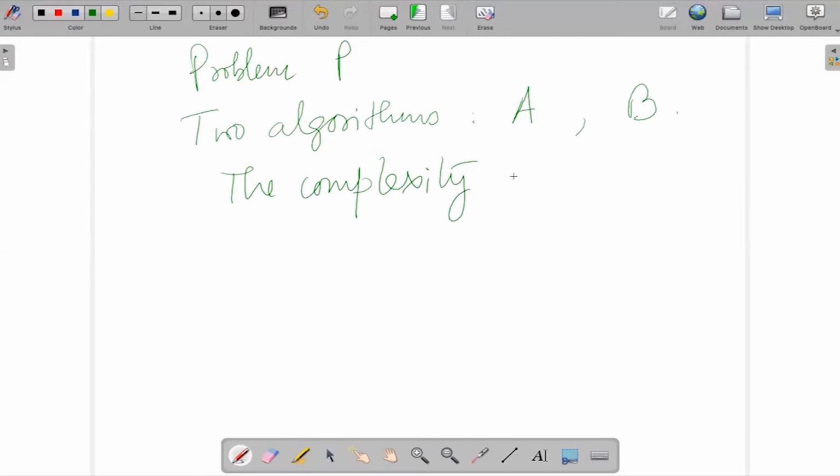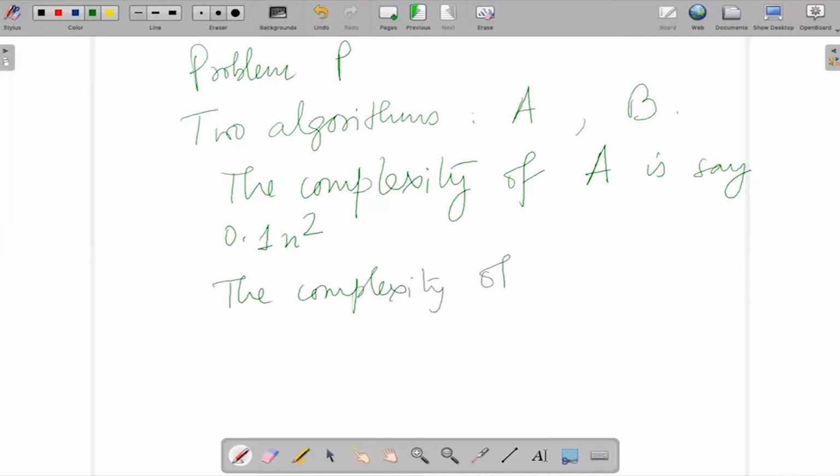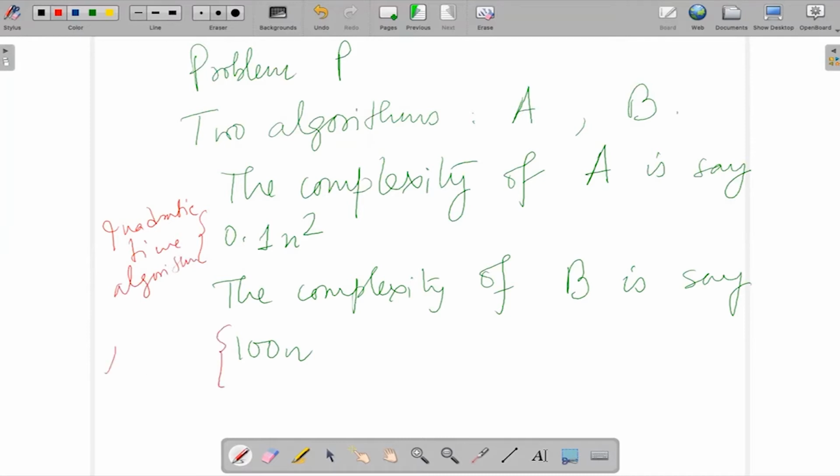The complexity of A is say 0.1 n square, and the complexity of B is 100 n. So by definition, this is a quadratic time algorithm and this is a linear time algorithm.